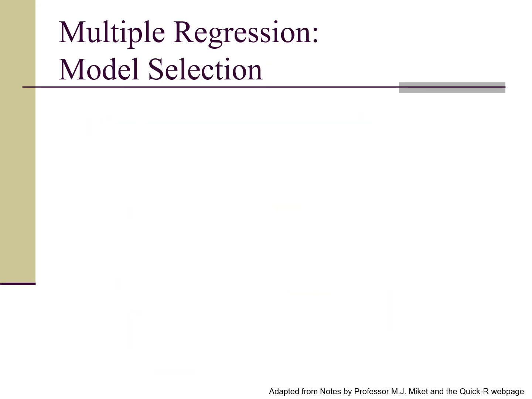Okay, so now we're going to talk about how to pick models when it might not be immediately clear which are the best independent variables to pick for a particular regression.